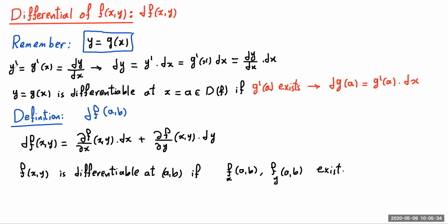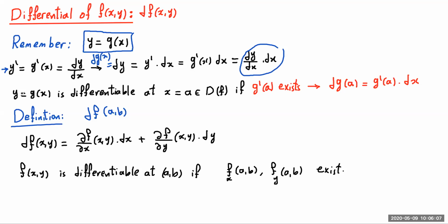Then we note this derivative like this: y prime, or g prime, or dy over dx. So the differential of the function y, or the function g, could be written as dy or dg(x), or also as y prime dx, or g prime dx, or dy over dx times dx.